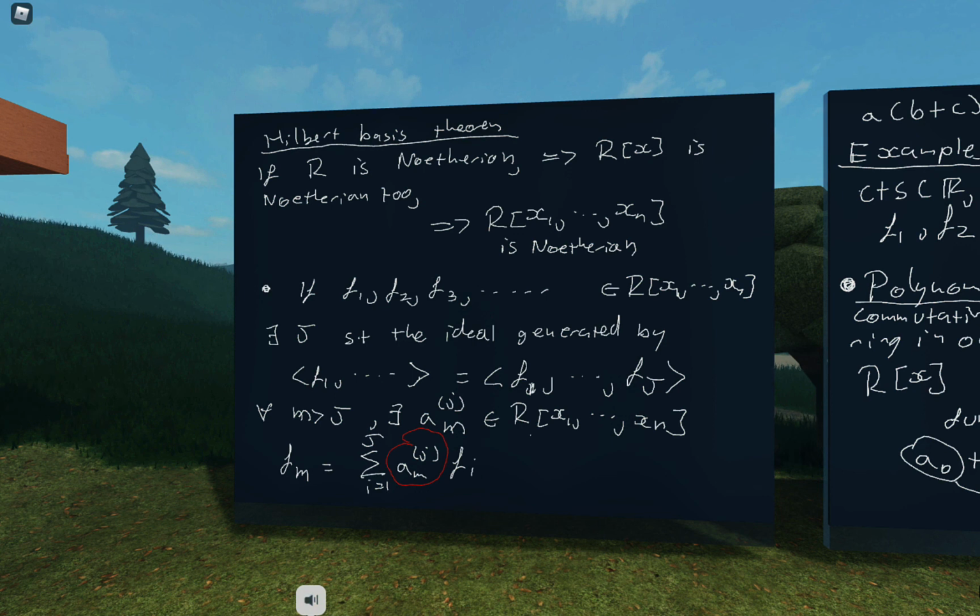And this Hilbert Basis Theorem will come up a lot in that argument. And so that's all I have. If anyone has any questions about any of that, feel free to ask.